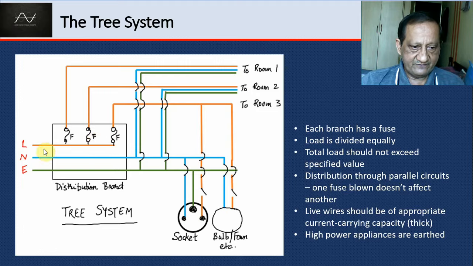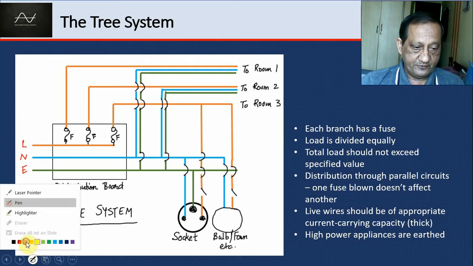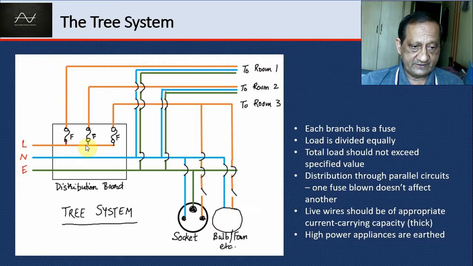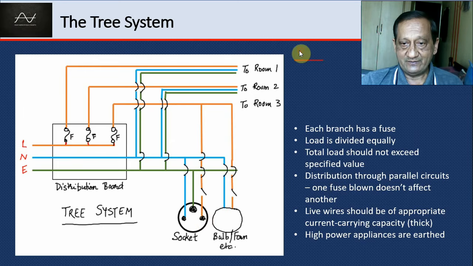So this live, neutral, earth came, and then the fuse, please note, is always connected to the live, because if the circuit has to break, it must break at the starting point, not at the ending point. What I mean by that is, suppose live is coming like this into an appliance, okay, and then the return path is a neutral, right? And you connected a fuse in the neutral part by mistake.